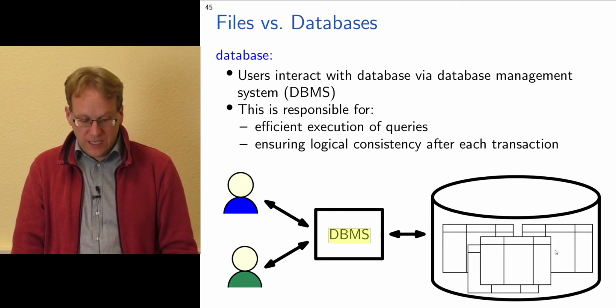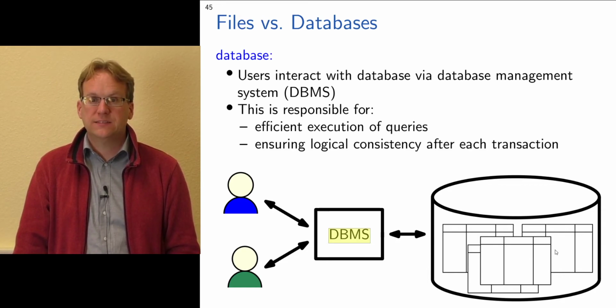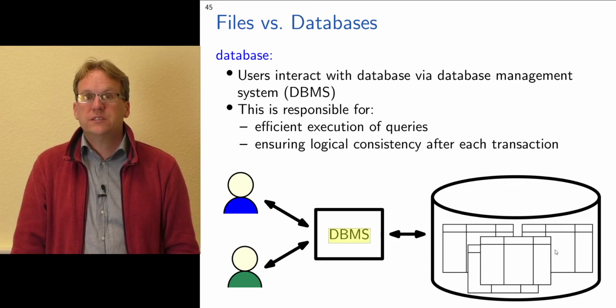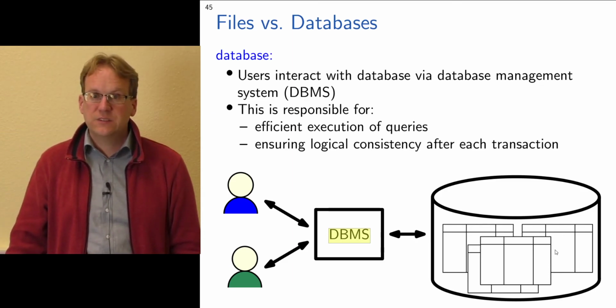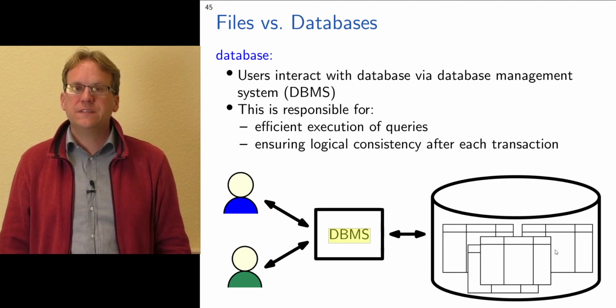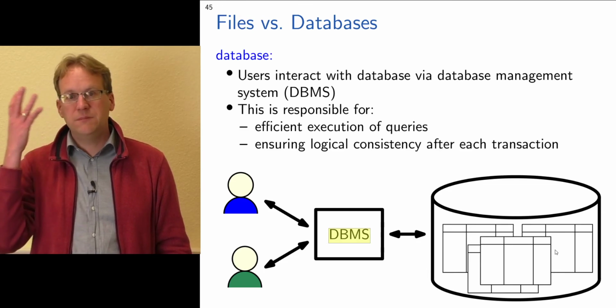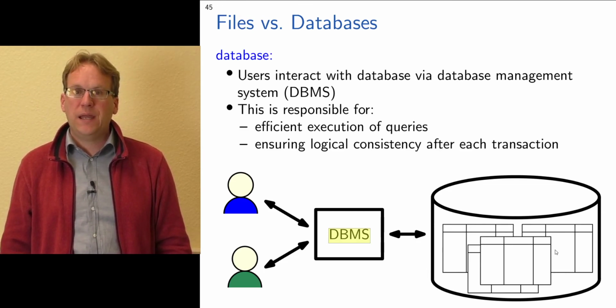In the German language, we have a nice word for databases. The German word for databases is Datenbank, which literally translates to data bank. And I think this is a very nice image, simply, that you think of this database as a bank.